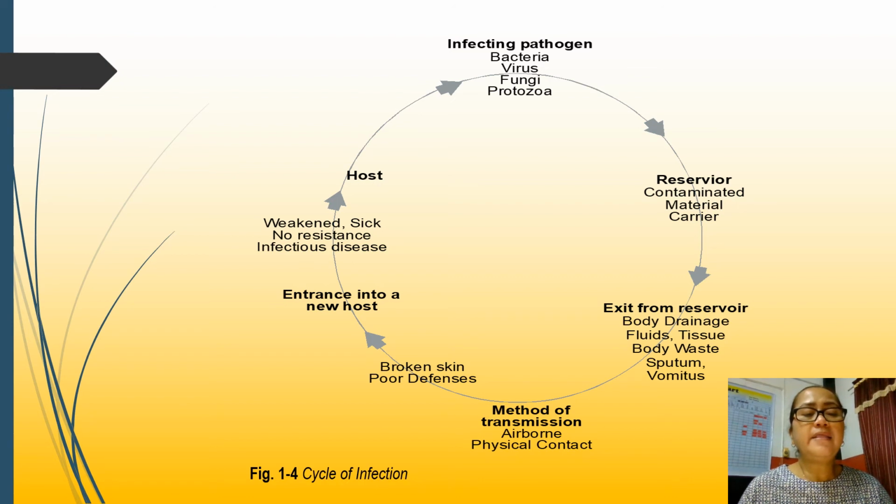And then they could enter if there is broken skin, and be able to enter into the host because the host is weakened or sick or has no resistance at all, and thus now has the microorganism, the bacteria, virus, fungi, and protozoa. So it is a pattern. That is the cycle of infection.